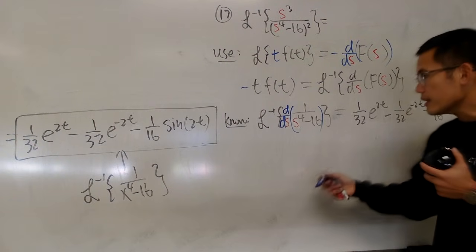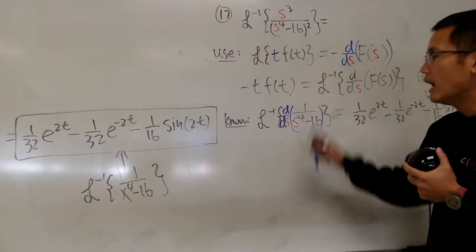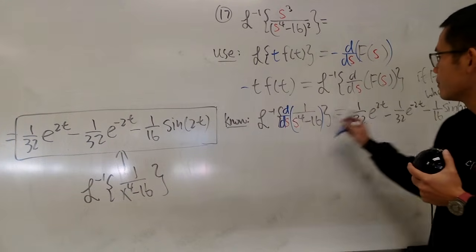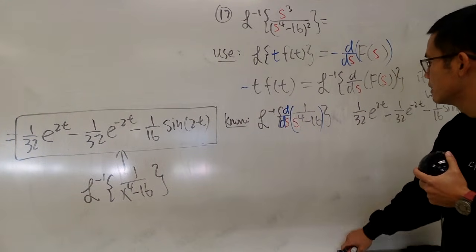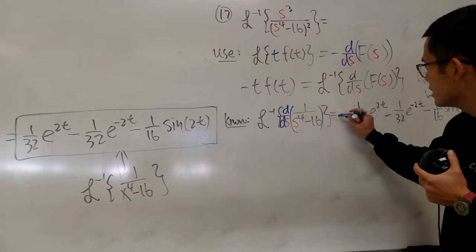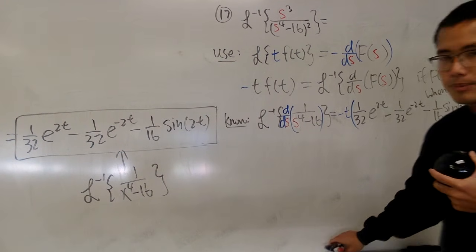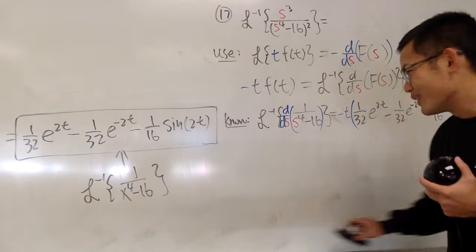And if I differentiate this with respect to s, all I have to do on the right-hand side is just go ahead and multiply by negative t. Multiply by negative t with the whole expression like that. And that's pretty much it. So, have a look.